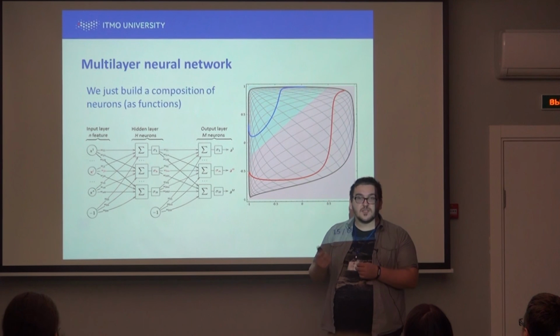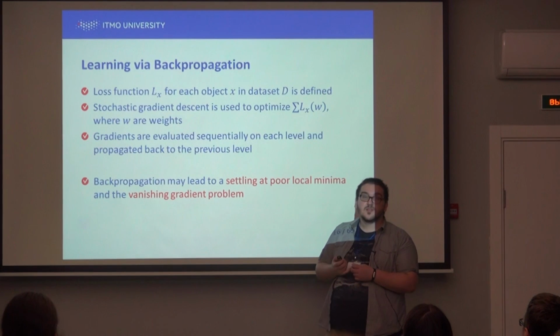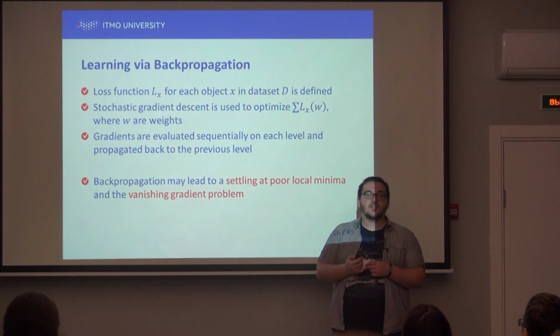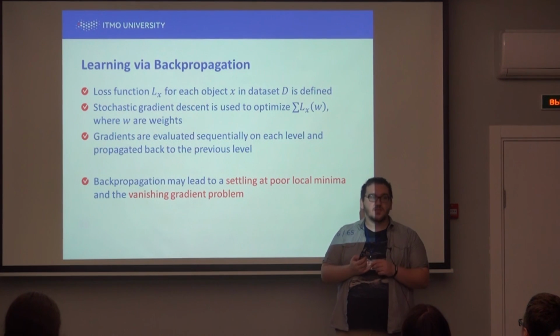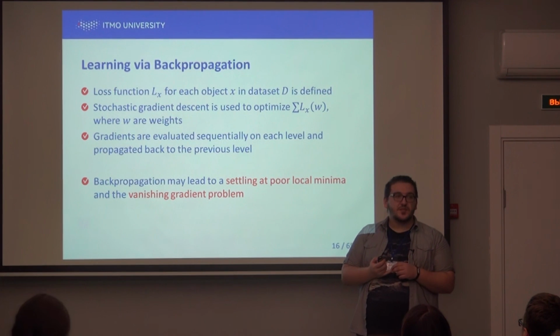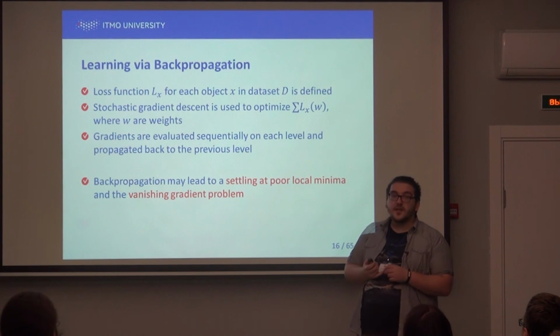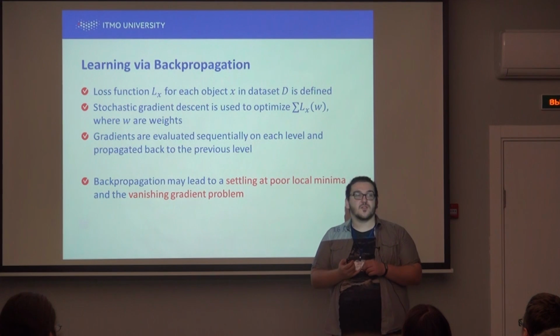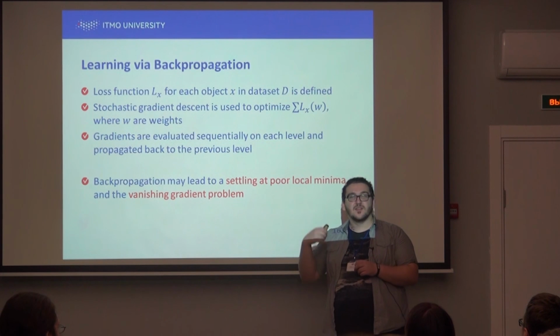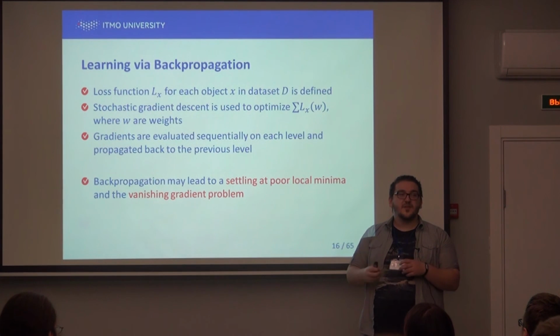So how do we learn it? In fact, it's also not very complicated, because we use stochastic gradient descent, which is a standard optimization technique. The reason why it was not used before 74 is that it's really hard to compute the derivative for all the weights we want to learn.